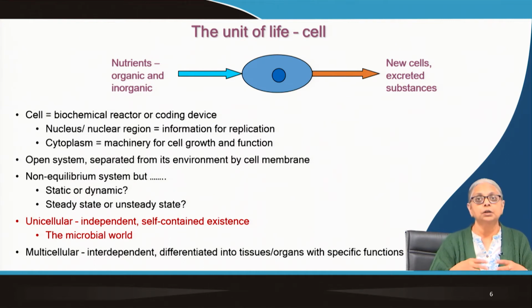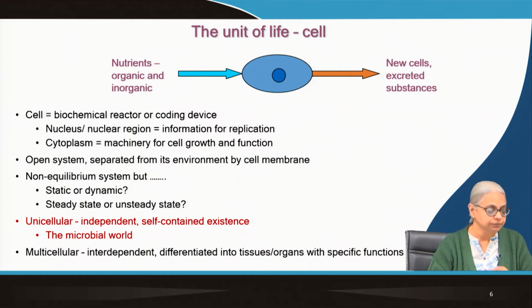So every cell in our body is, because we are multicellular organisms. We are not microorganisms, we are multicellular organisms, and every cell in our body is differentiated and it has specific functions, and it's interdependent on other cells and tissue and organs within the body. So we're not going to go there. We are going to restrict ourselves to unicellular microorganisms.